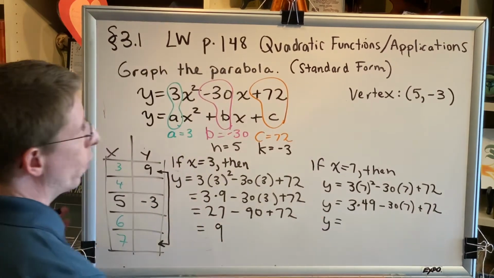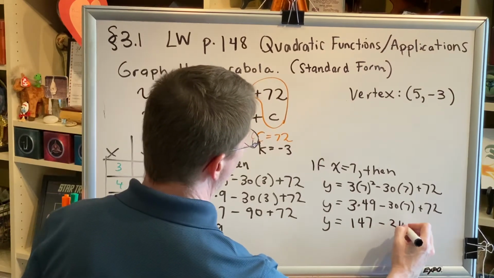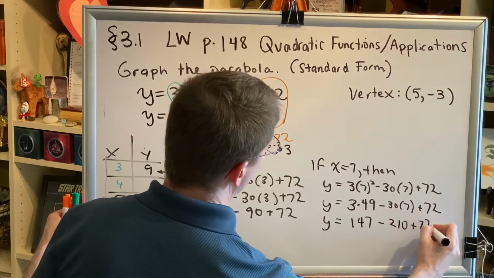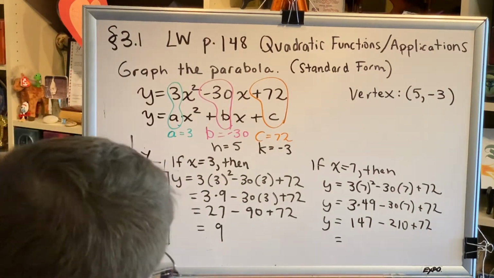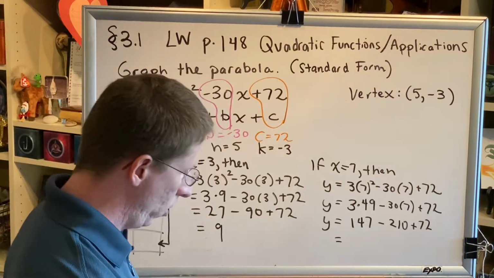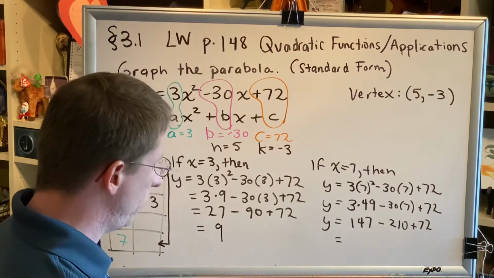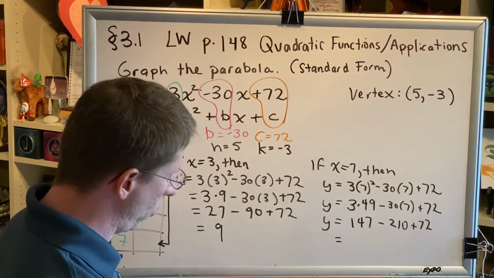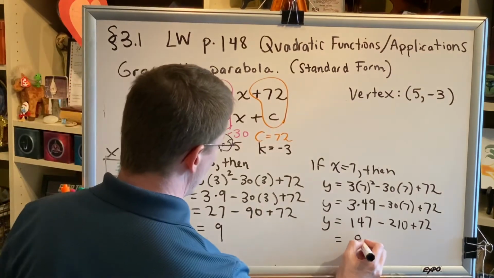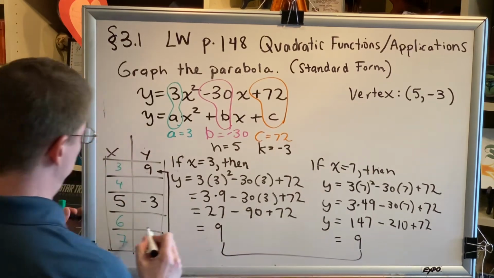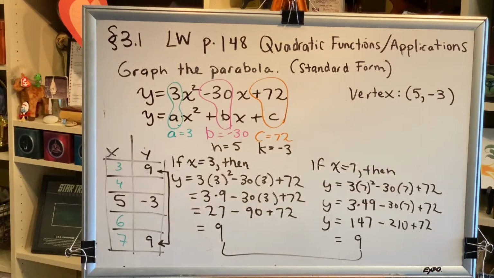All right, 3 times 49 is 147 minus 210 plus 72. Okay, the numbers are starting to get to be a bit on the big side, so I will reach for my calculator at this point. 147 minus 210 is negative 63, plus 72 is 9. Same value.